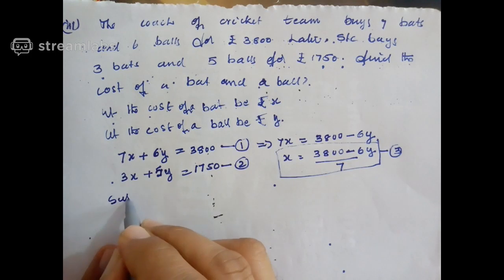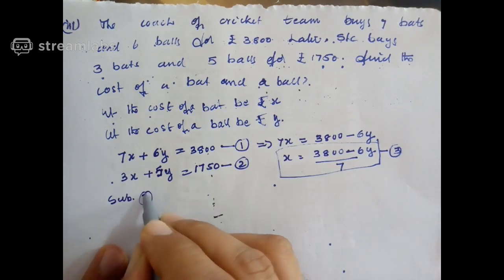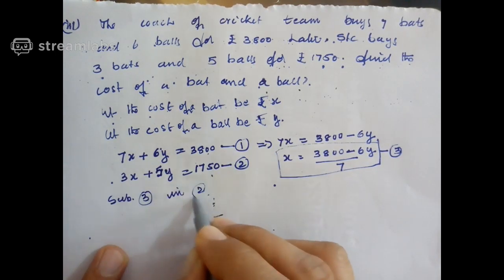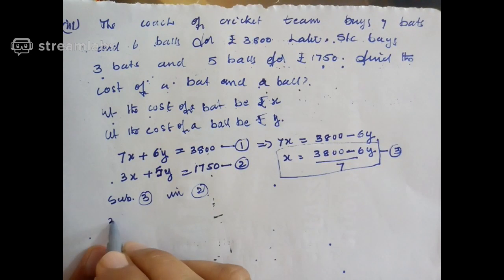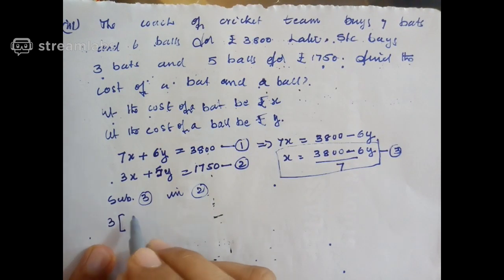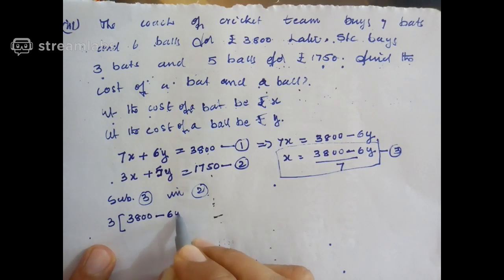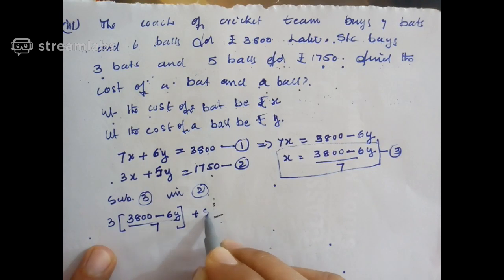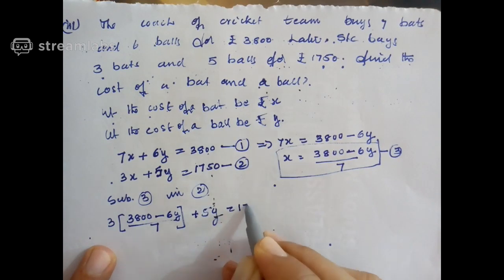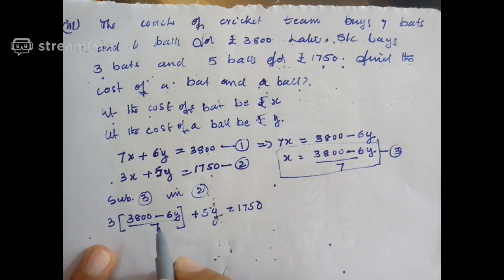Now substitute equation number 3 in 2. That is 3 into x, which is (3800 minus 6y) by 7, plus 5y is equal to 1750.